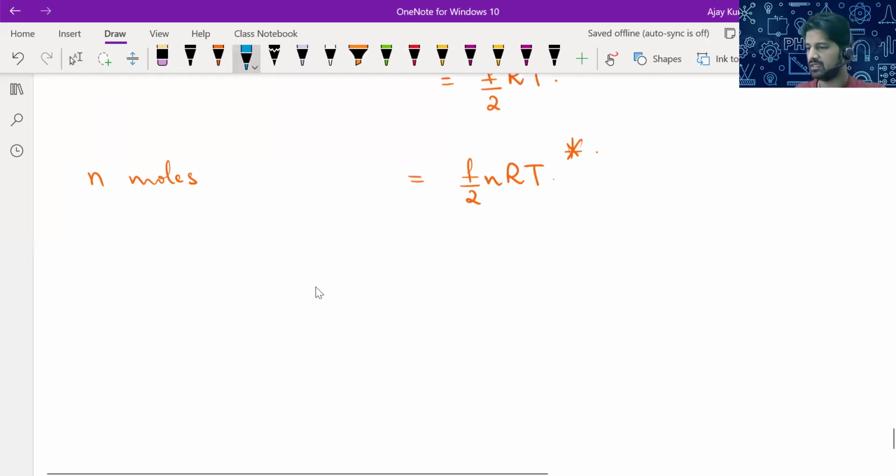So what have we finally arrived at? We now have an expression for the total internal energy stored in a gas.